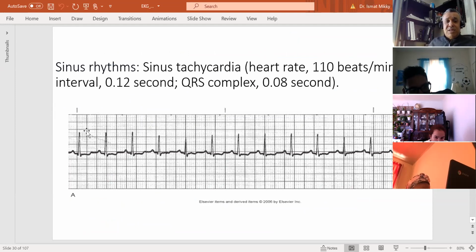So analyzing this rhythm: P wave, QRS, and then T wave, P QRS. Even if the T is inverted, that's fine. P QRS and then T, P QRS.